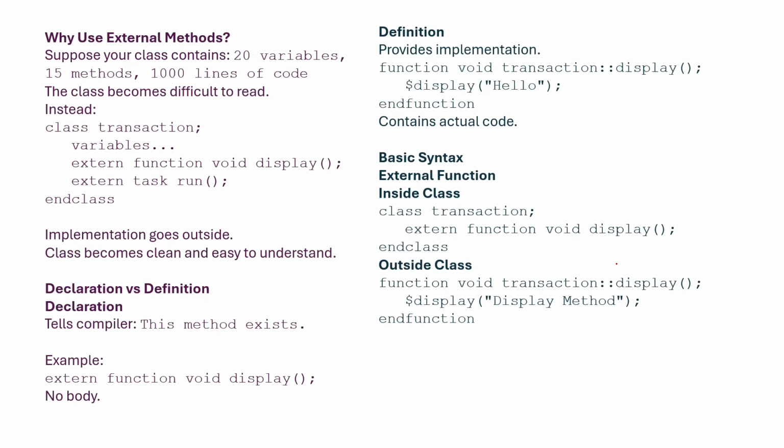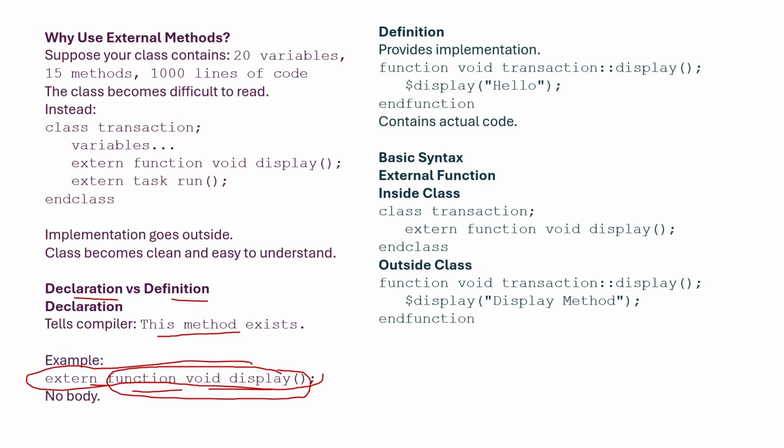Fine, so that is the declaration and definition. Declaration tells the compiler that this method exists somewhere else, and you can proceed. That is the declaration: extern function void display. Your method name is function void display.